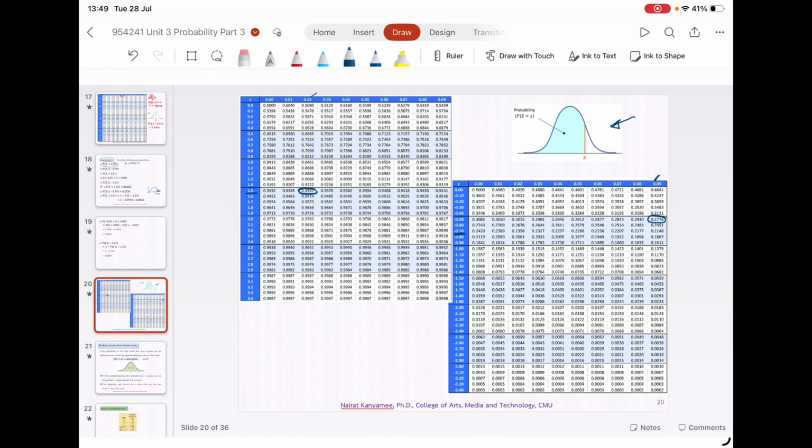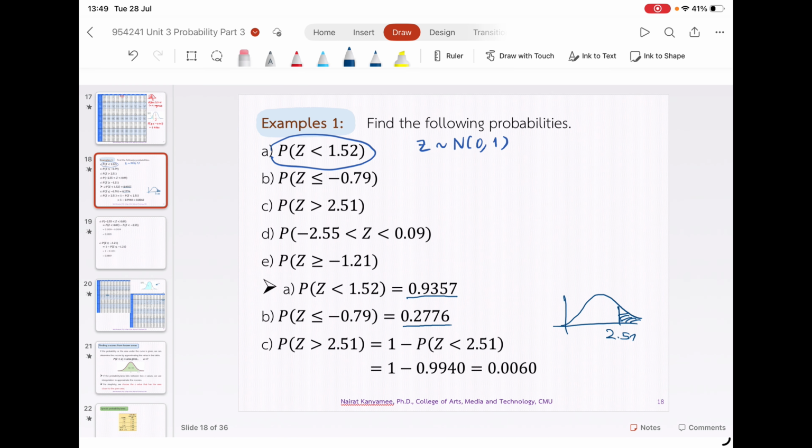Now to find this kind of area, we need to set up a little bit. We need to find the shaded area up to 2.51 first, because we can find this from the table, and then take it out from 1.